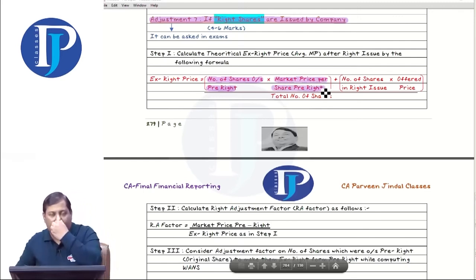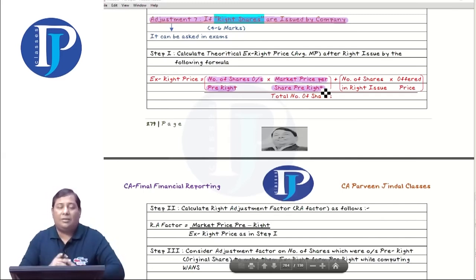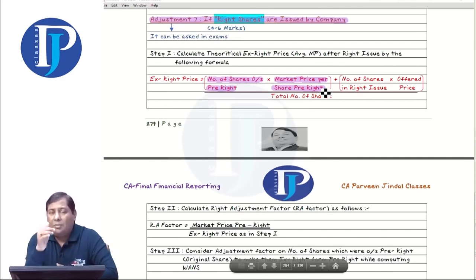Now here we are trying to find out what the shareholders' wealth was before the rights issue. A rights issue is always done at a cheap price, because the company is bound by law to first offer to existing shareholders before issuing in the market, and offers them at a lower price than the existing market price. I had also explained in class why they offer at a lower price: if the company issues in the market, it has to bear flotation costs of advertising and many others.